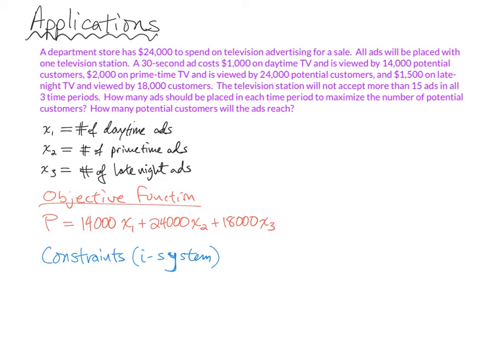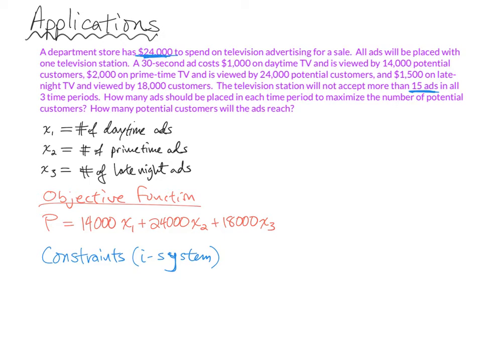All right, so what are we being restricted on? We are being restricted on the number of ads that can actually be placed with the television station, and we're also restricted on how much money can be spent, this $24,000.